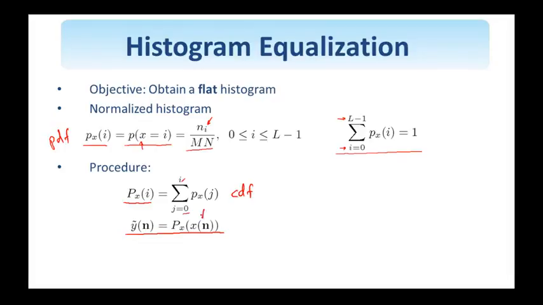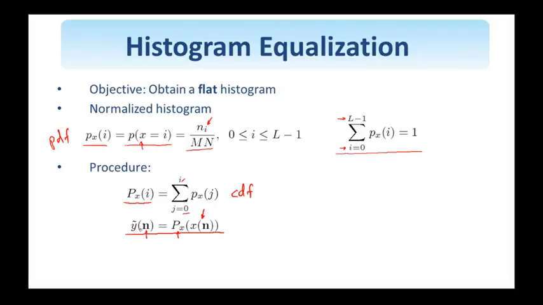x(n) is the input image, so this is one intensity value, the intensity of the input image at location n, n1, n2, this is a vector. So for a given intensity, through this, again, cumulative distribution function transformation, I will obtain the value of the output image y tilde at the same pixel location n.